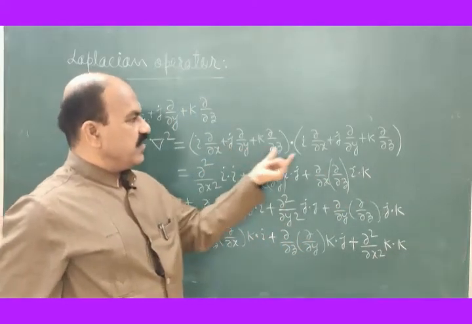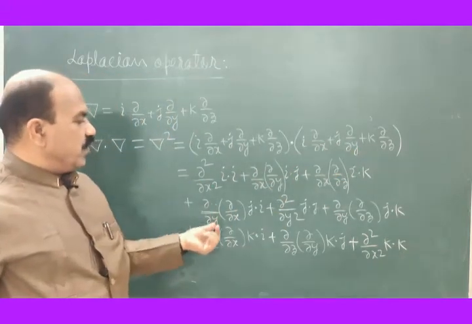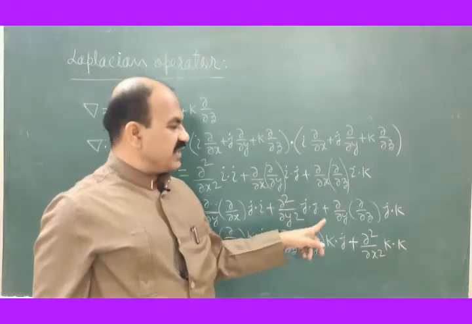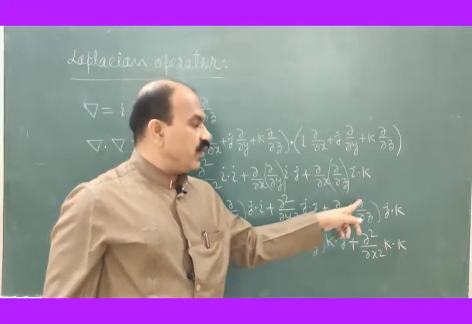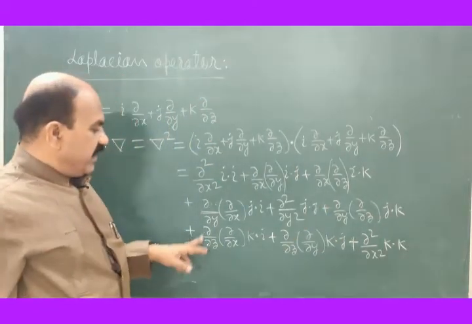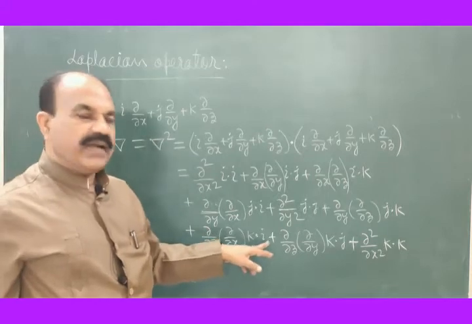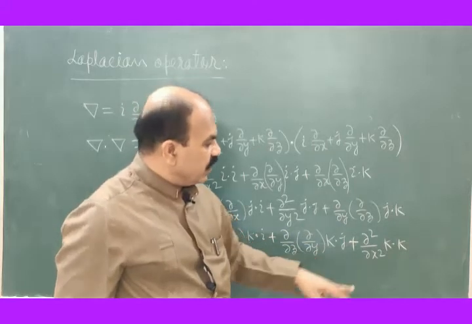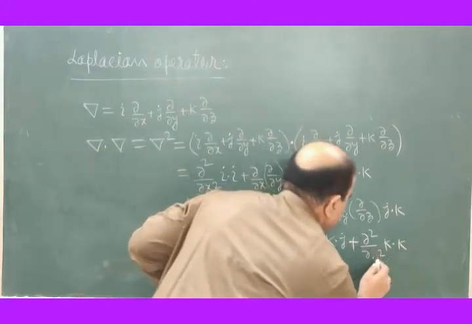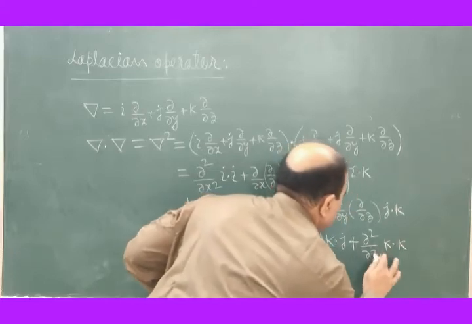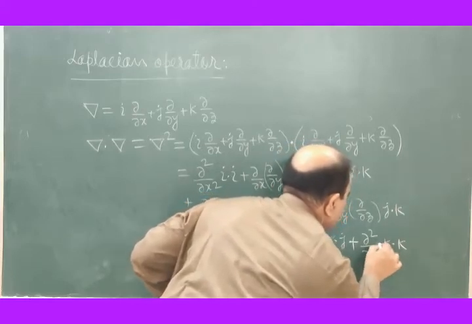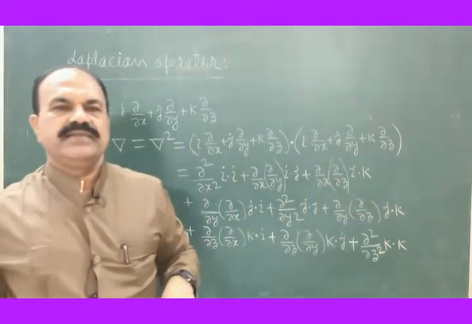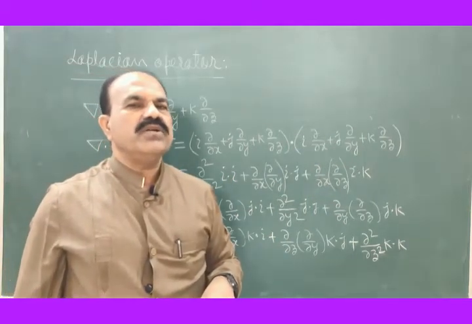Similarly, of second with these three terms is dou by dou y of dou by dou x j dot i plus dou 2 by dou y square j dot j plus dou by dou y of dou by dou z j dot k plus dou by dou z of dou by dou x k dot i plus dou by dou z of dou by dou y k dot j plus dou 2 by dou z square, it is not x, dou 2 by dou z square k dot k.